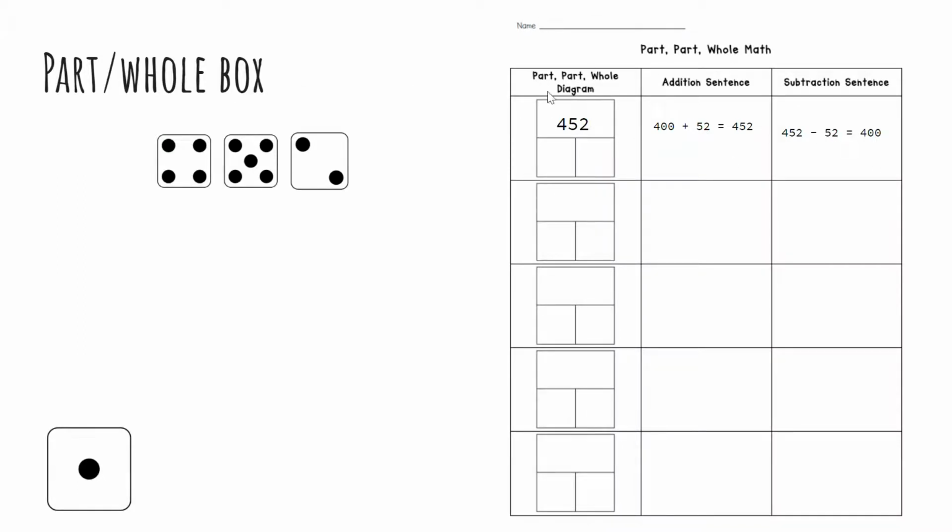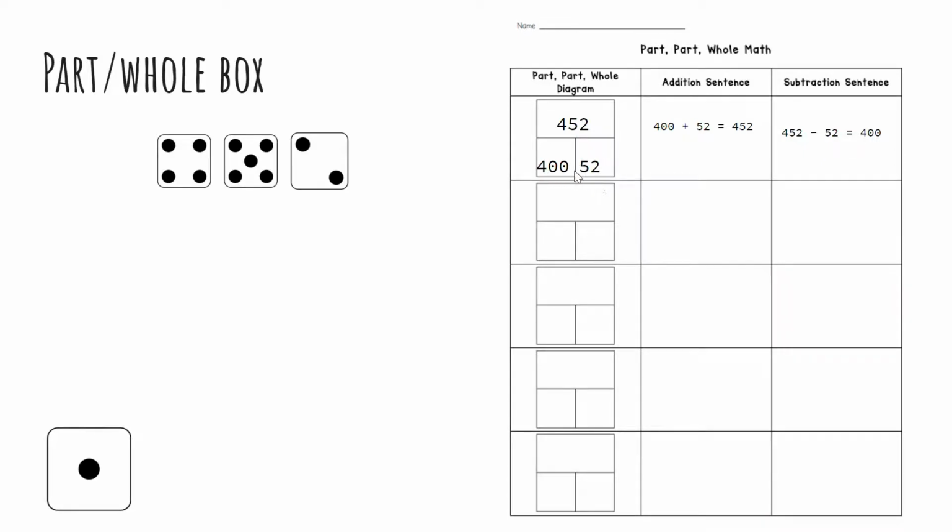So I'm going to break up this number into two parts. There's no right or wrong answer as long as the two parts will add up to equal 452. So I'm going to use the number 400 because it's a nice number, and I will use the number 52.